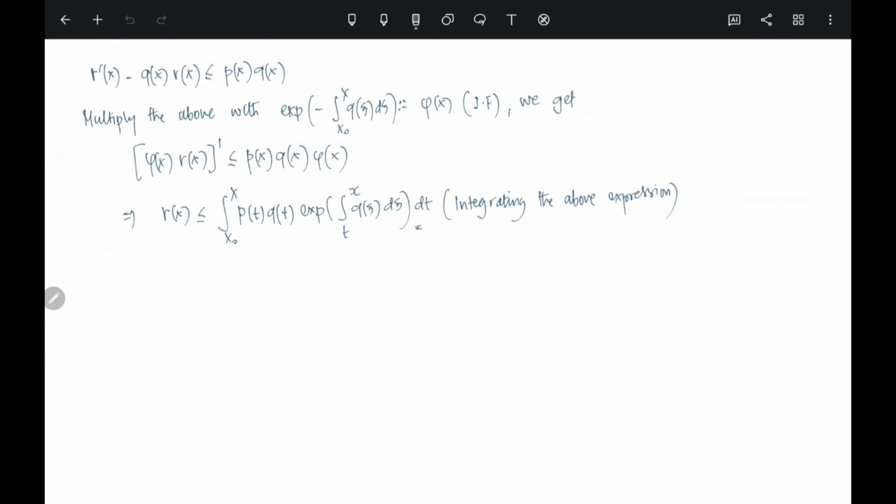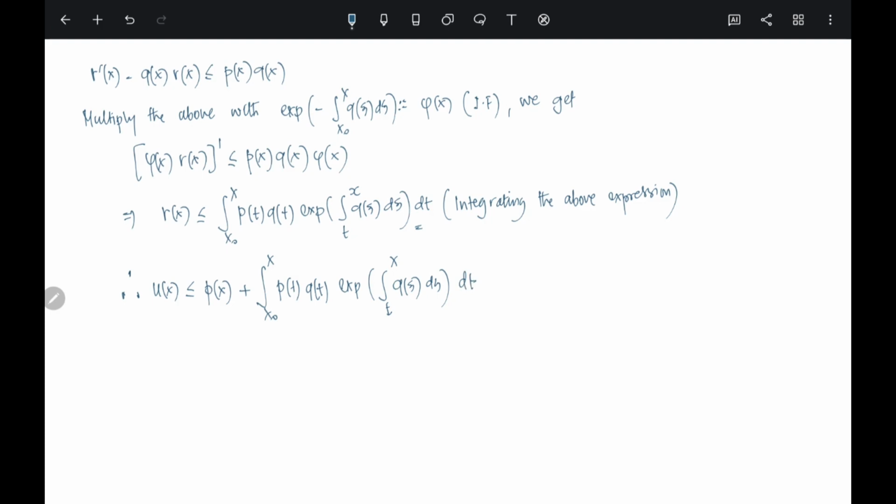So therefore you have your result: u of x is dominated by p of x plus r of x. And what is r of x? R of x is again dominated by the integral from x naught to x of p of t q of t, exponential of integral from t to x of q of xi d xi dt. Clear? So this is how we are going to get it.